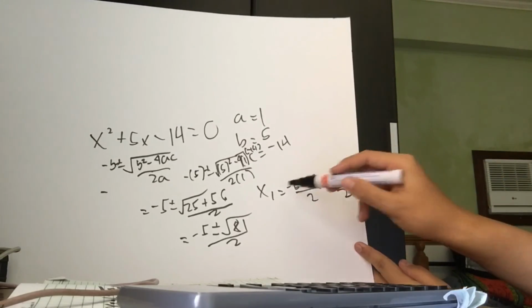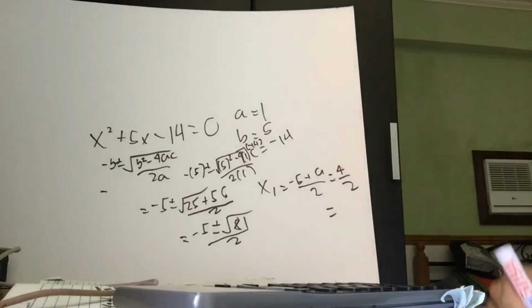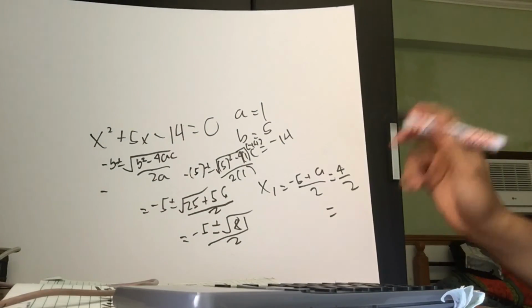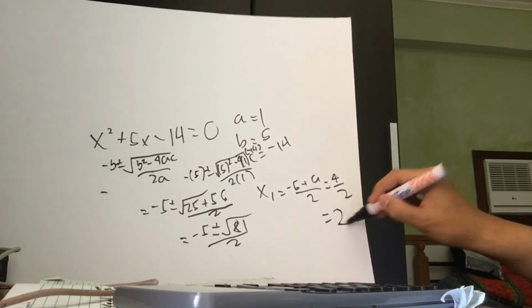We would subtract this because it's negative positive, so we have 4 and 2. So make it a habit to always check the solved values of x. So this would become actually 2.